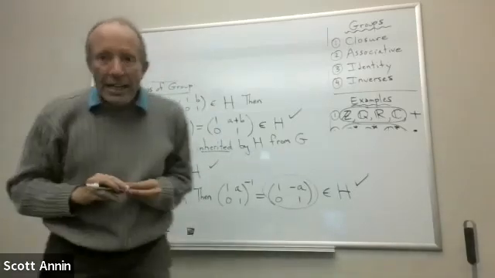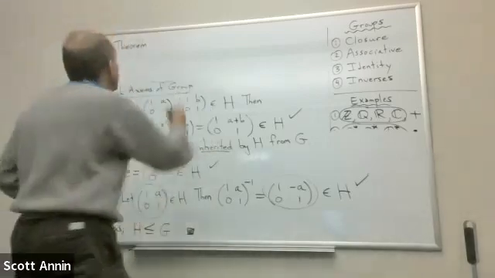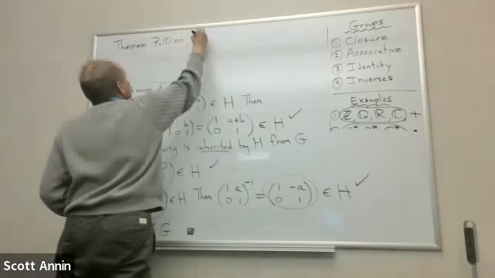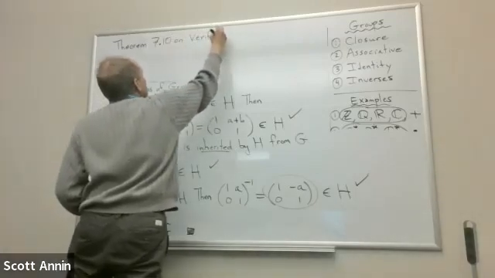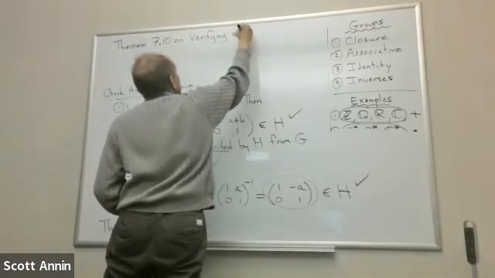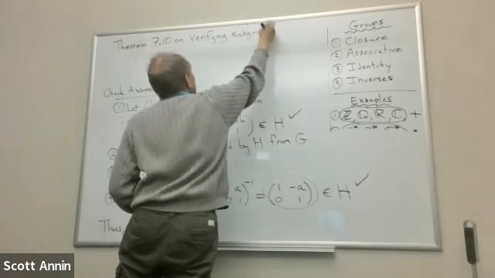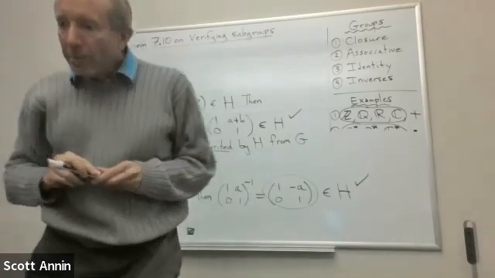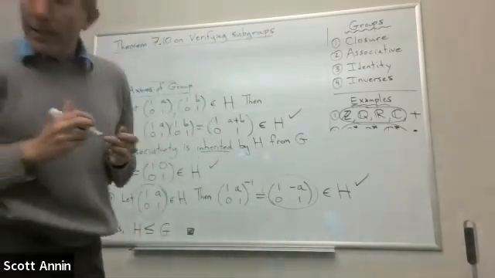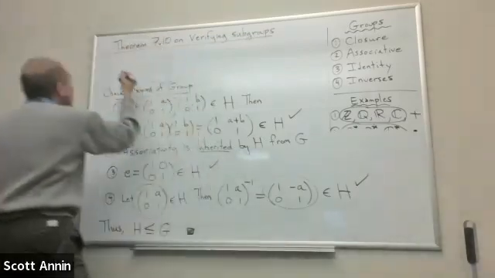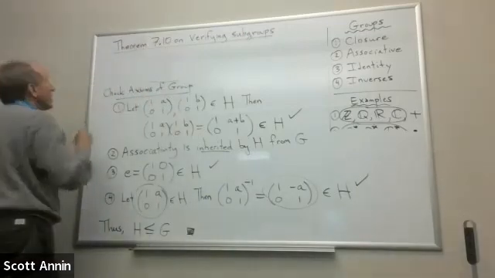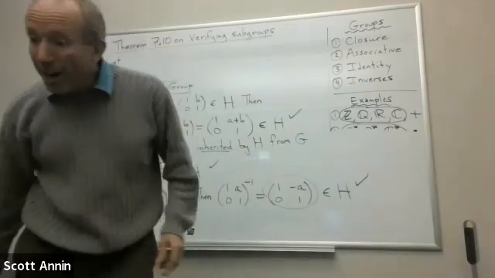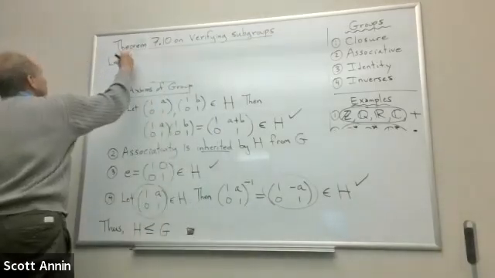And in the textbook by Hungerford, this is Theorem 7.10 on verifying subgroups. Theorem 7.10. So here is what this theorem says, and then we'll look at it in the context of the example that we just finished. So I'm going to start off by letting G be a group.